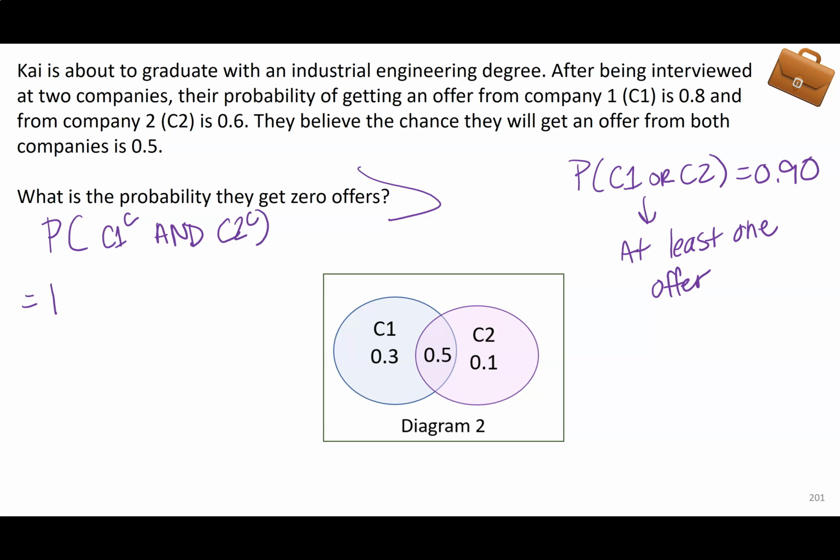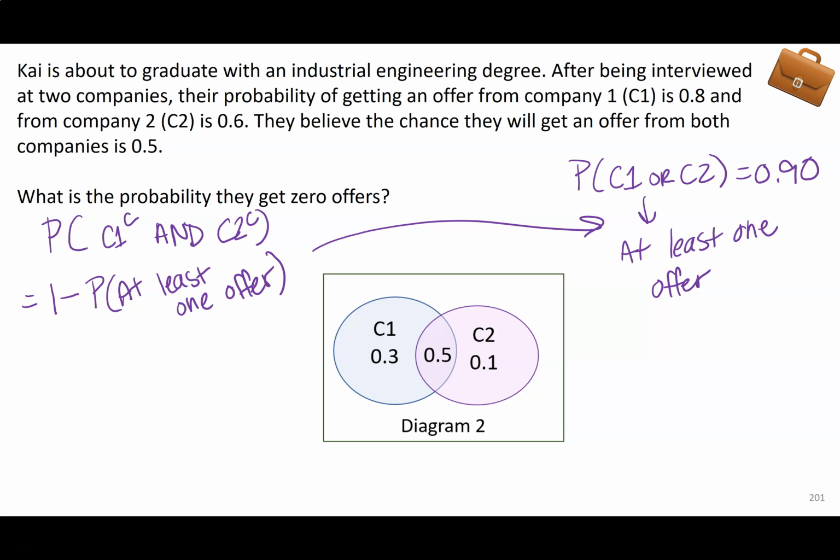So I could rewrite this as 1 minus the probability of at least one offer, which we just calculated, right? We know the probability of at least one offer. So 1 minus 0.9, I'm going to get 0.1. I like to add the 0 so I know it's 10%.